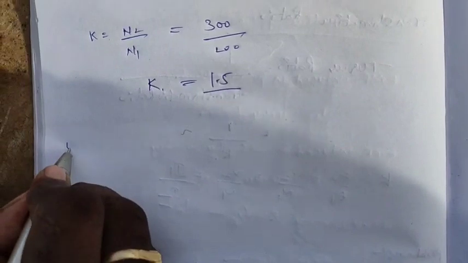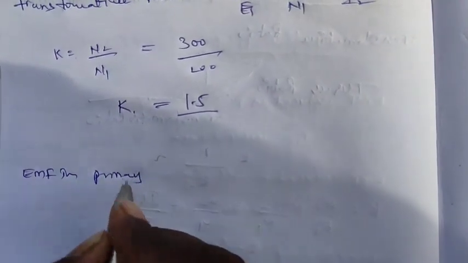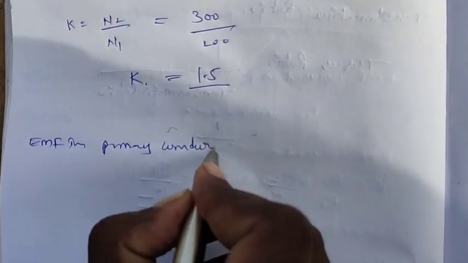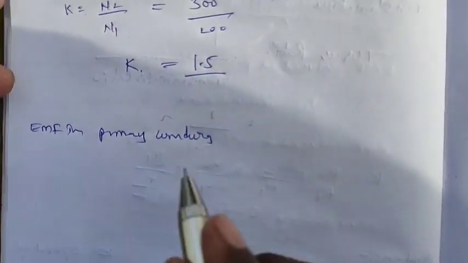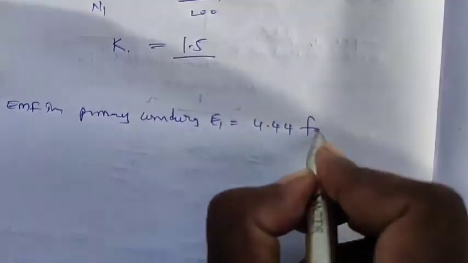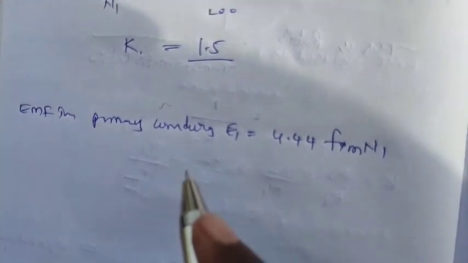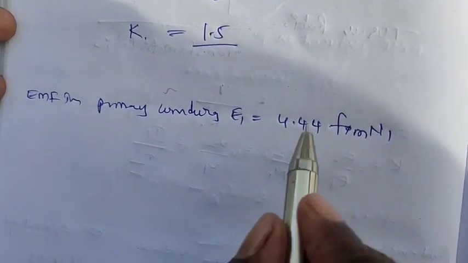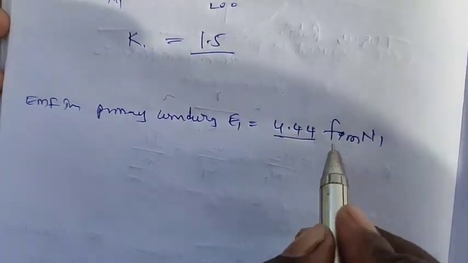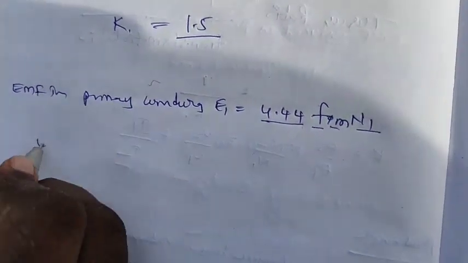What is the EMF in primary winding? E1 is equal to 4.44 f φm N1. Flux, frequency, and number of turns are given.